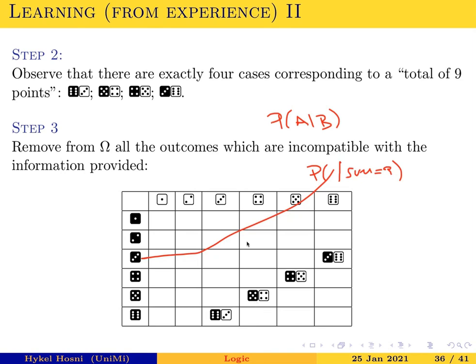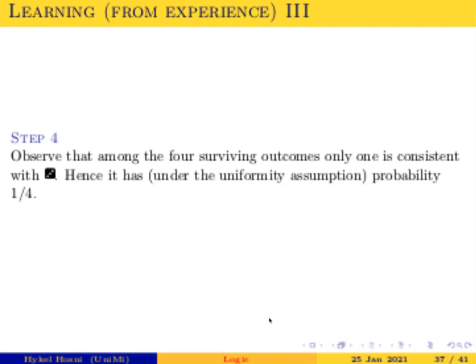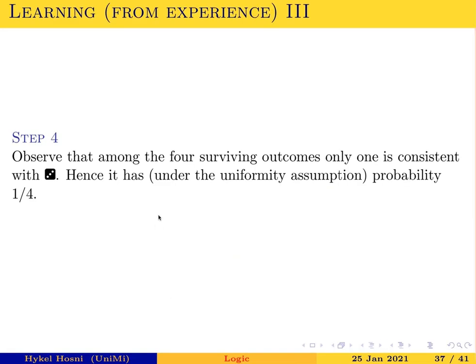Therefore, the probability of A given B has got to be just 1/4, because of the 4 surviving cases, only 1 is compatible with A. So what's the probability of black 3 given that the sum is 9? There is just 1 case, so the probability is 1/4.